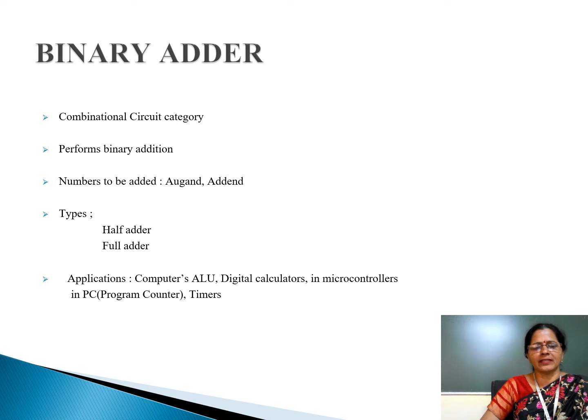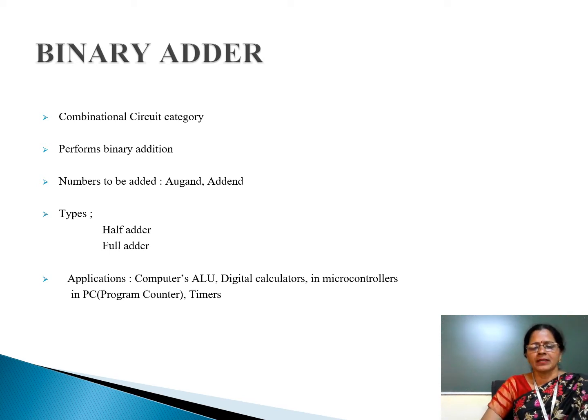Simply if we take the name adder, the meaning is also the same, we can add. But in this case the special name is binary adder, so accordingly it can add binary numbers. Basically it is under the combinational circuit category, and it performs binary addition only. Since the name is binary adder, it can perform only binary additions, or it can add binary numbers.